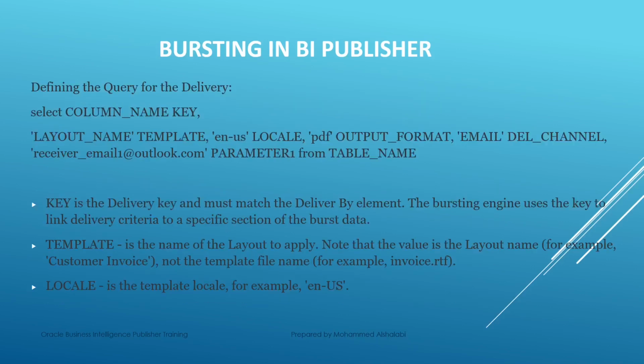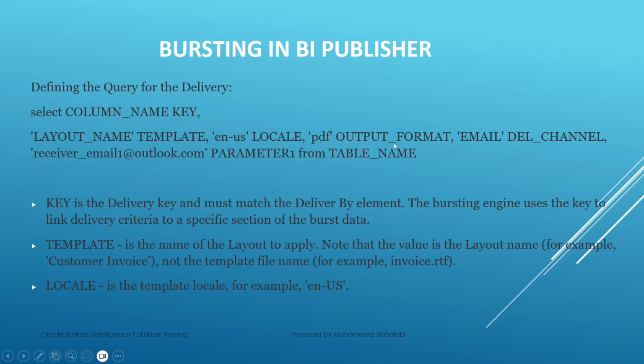Okay, let me start. First of all, we need to know how to define the query for the delivery. The query usually starts with select column name as a key. Then we have layout name as a template, English US as a locale. This is, for example, PDF as the output format.